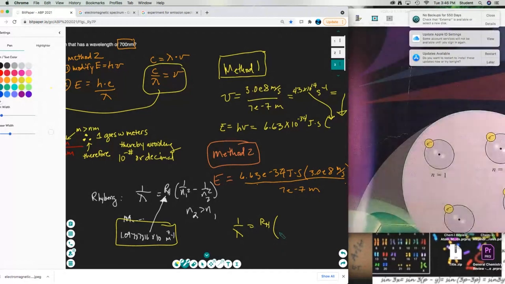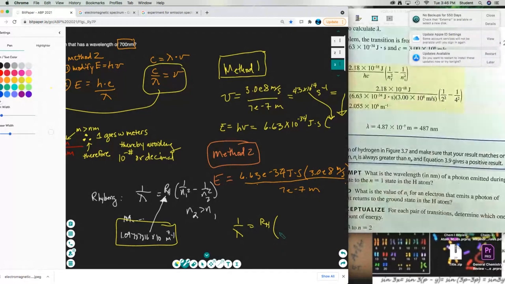We were going from layer 3 to layer 1. Is this an emission or is this an absorption of energy by the electron? Is it fluorescing or is it giving off light or is it absorbing?